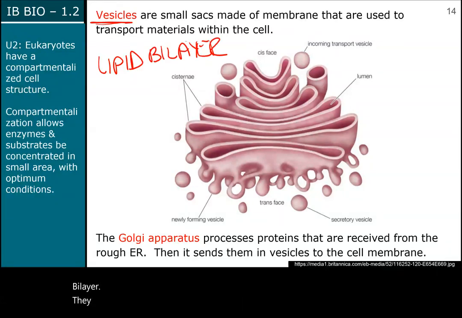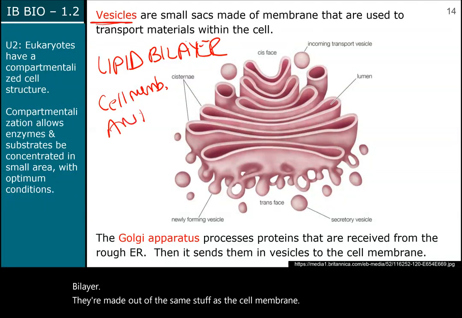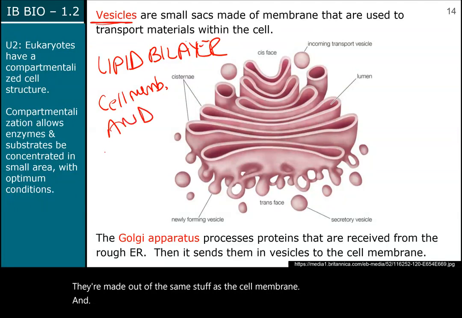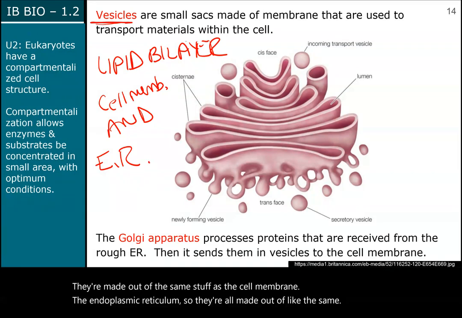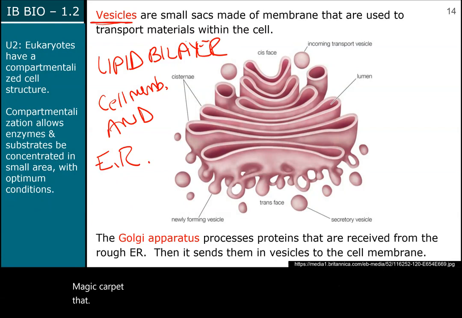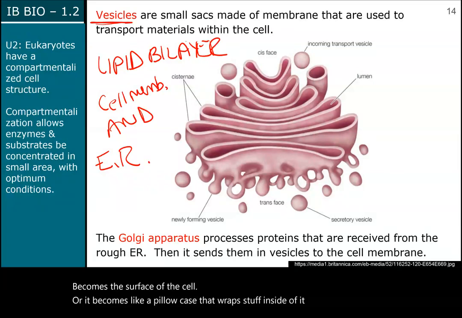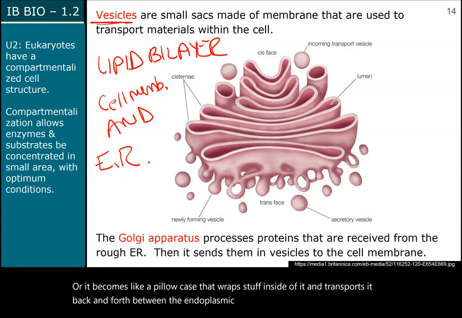They're made out of the same stuff as the cell membrane and the endoplasmic reticulum. So they're all made out of the same magic carpet that becomes the surface of the cell, or becomes like a pillowcase that wraps stuff inside of it and transports it back and forth between the endoplasmic reticulum, the Golgi apparatus, and the cell membrane. It's all made out of the same thing.